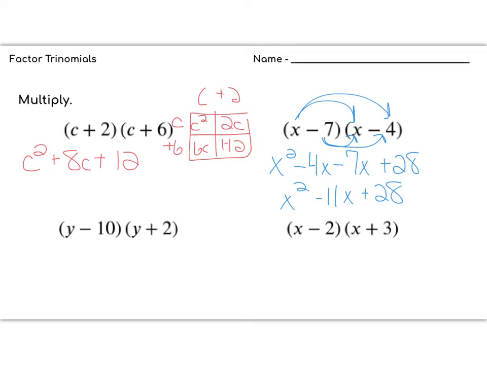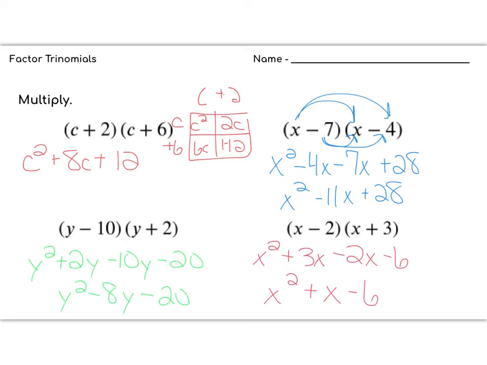Okay, so you multiply the next two binomials and write your answer in your notes. So you should have gotten y squared minus 8y minus 20 and x squared plus x, that's a 1x, minus 6. Again, notice since we started with coefficients of 1, our first coefficient here is 1.